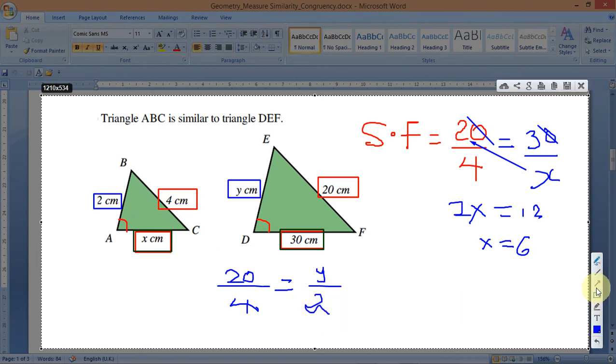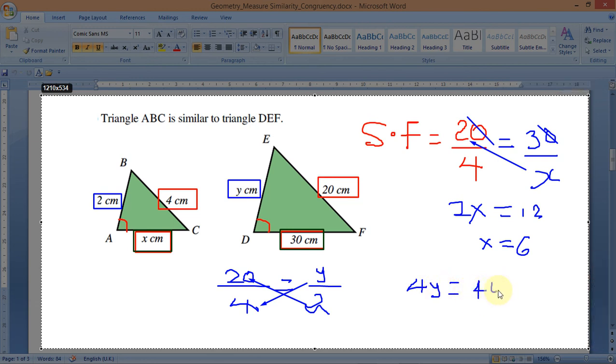When you cross multiply there, you have 40 against 4y. So 4y equals 40. Therefore y equals 10. So guys, hope that is clear. So that is similarity in triangles.